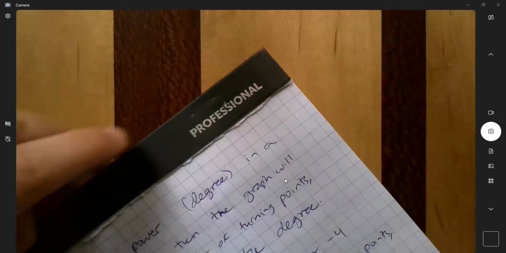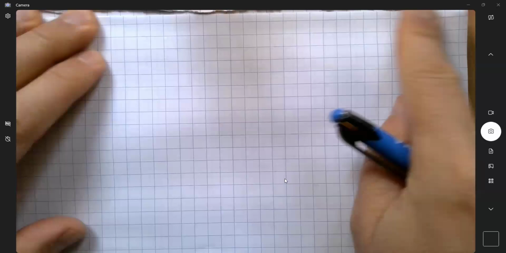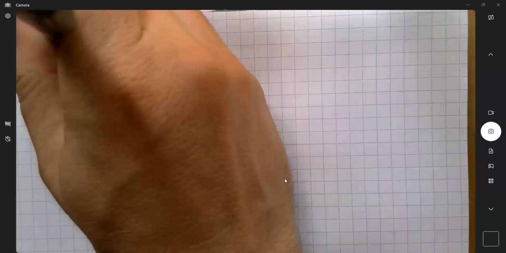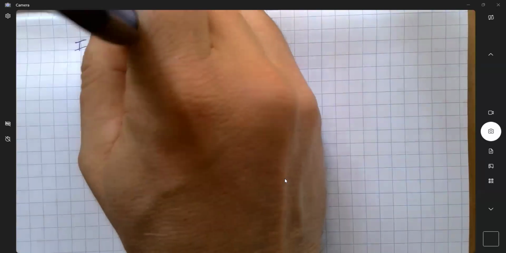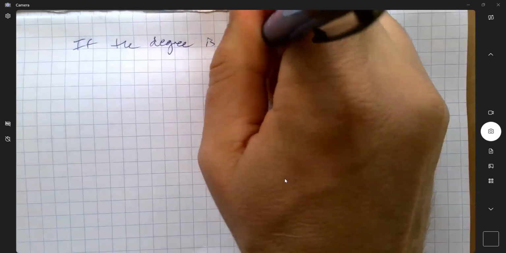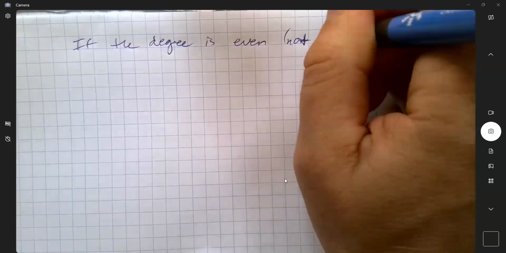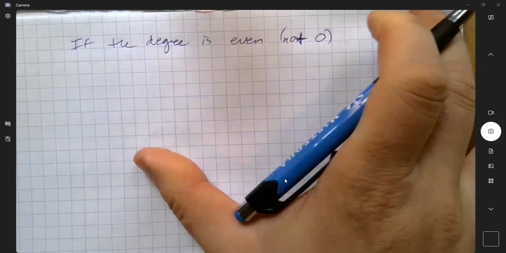That's if the largest power, if the degree, is an odd number. The other possibility is that the degree is an even number. If the degree is even, but not 0, this breaks down if the even power is 0.